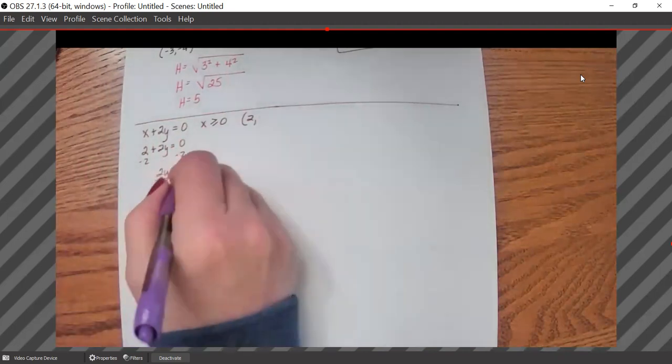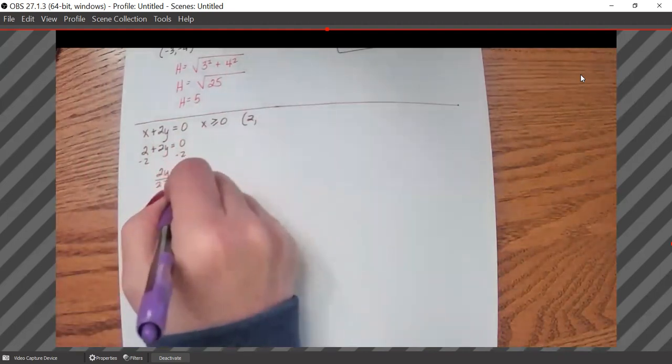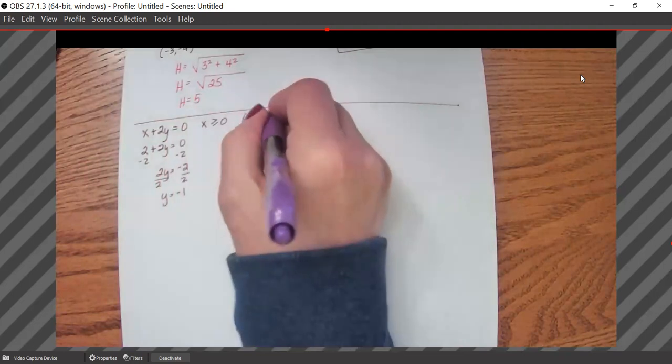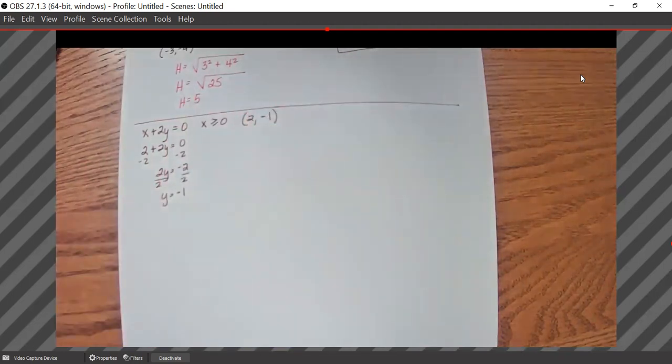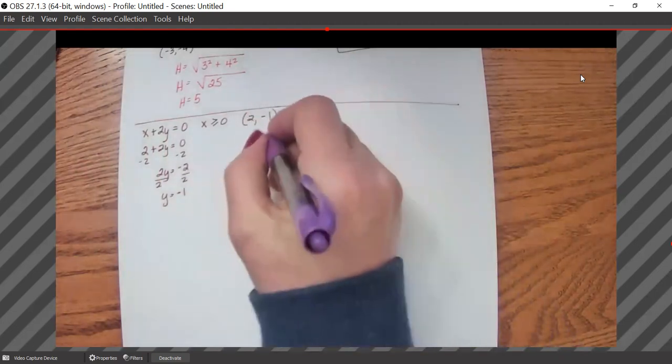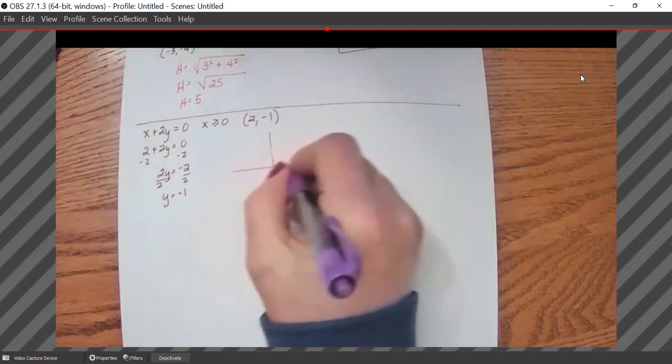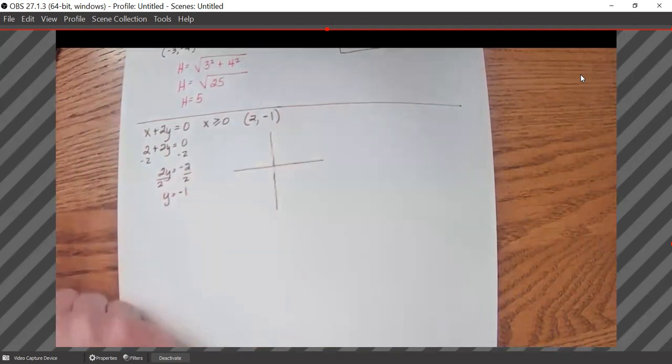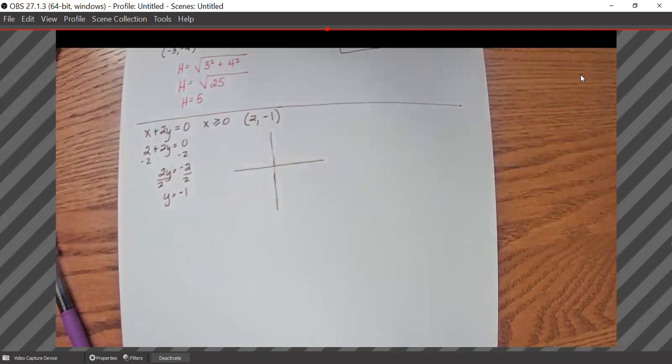Divide both sides by 2. y equals negative 1. So even though they started us with an equation of a line, we now have a point. So let's go ahead and draw it, starting at origin and going through the point 2, negative 1.